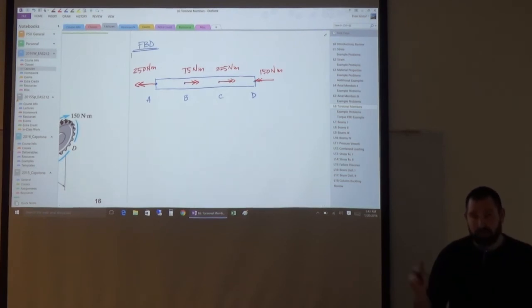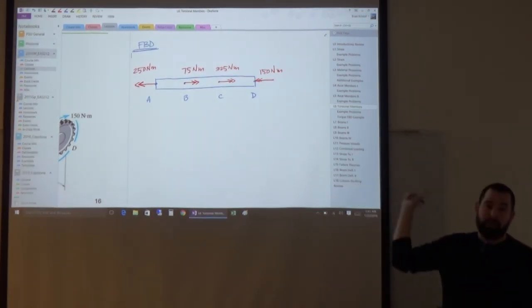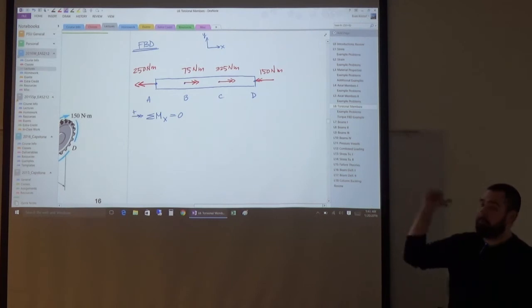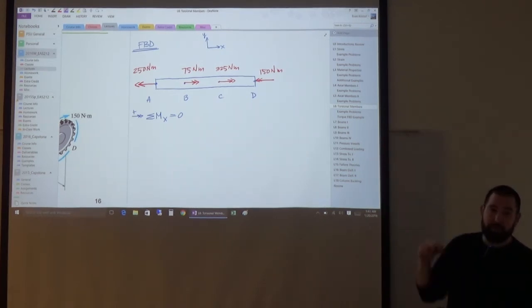All that I would need to do to check this is in static equilibrium is sum the moments about the x-axis. So here we're not talking about forces anymore, we're talking about moments. If I summed the moments about the x-axis equal to 0, I will draw my coordinate system on the left-hand side. Any vectors pointed to the right are plus based off that xy coordinate system I put up there.